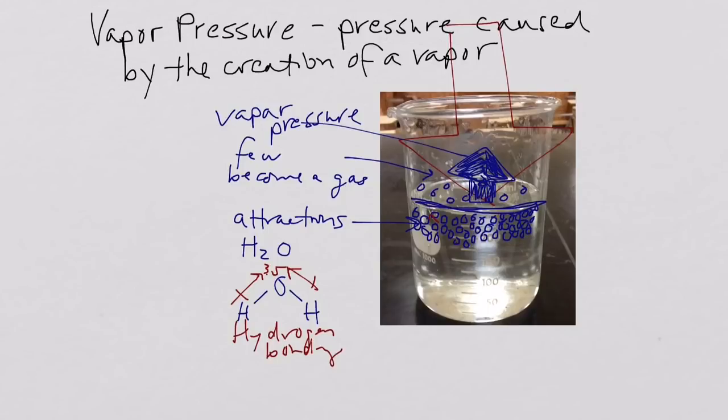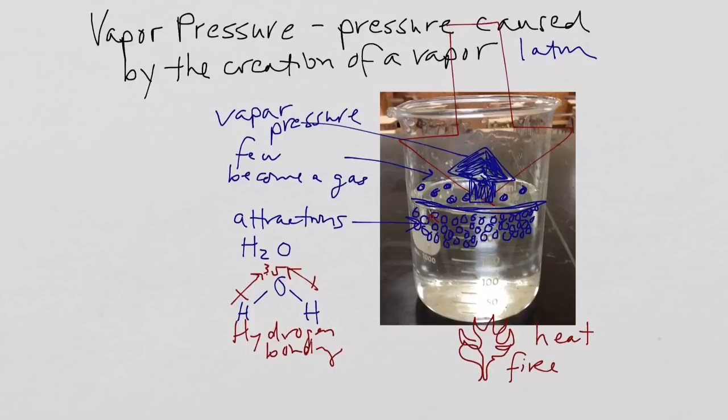Now, how can we adjust this vapor pressure if atmospheric pressure stays the same? We'll just say we're at 1 atmosphere here. How can we get more of these molecules to become a gas? Well, we could heat it. That's fire, by the way, if you can't tell. If we heat it, what happens to the particles?